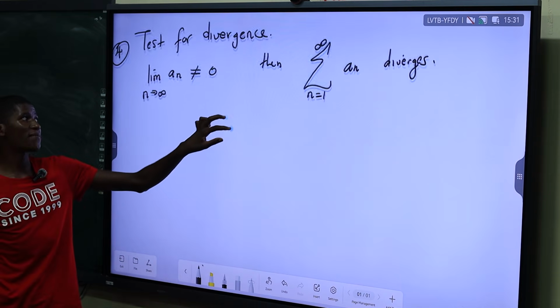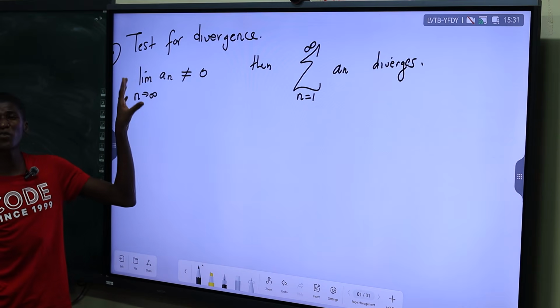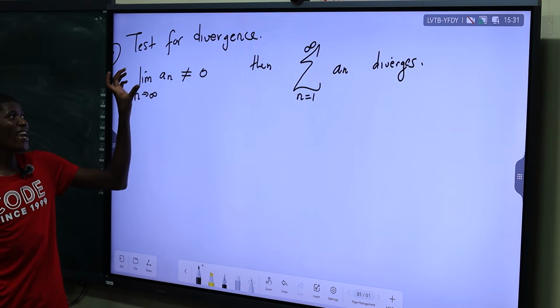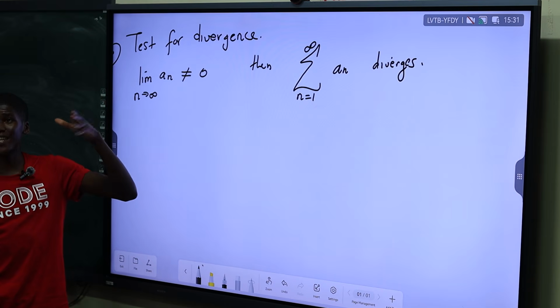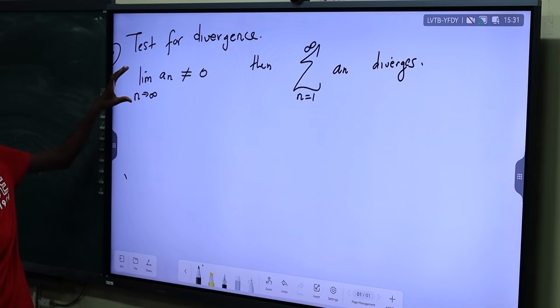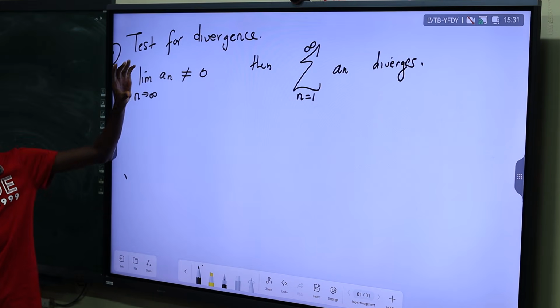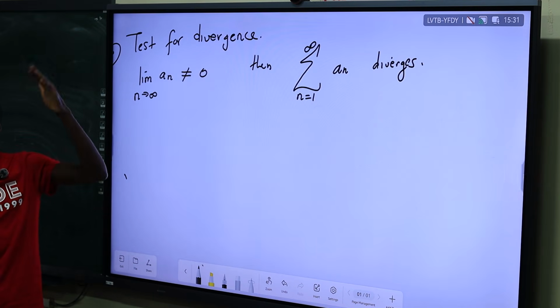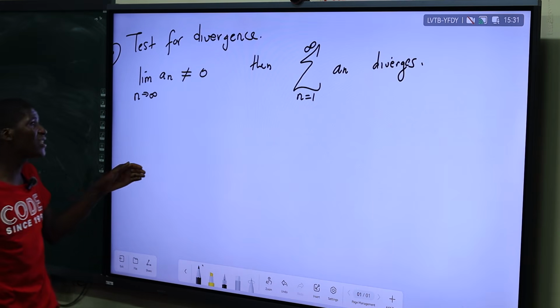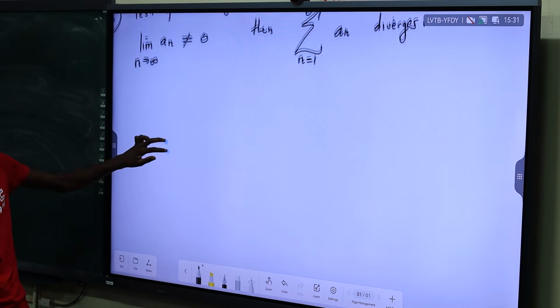As I introduced last time, An is the sequence and it's the general term. So if you look for the limit of the general term and you find out it is a non-zero number, maybe you find 4 or 5 or anything, then you can say that series is diverging.